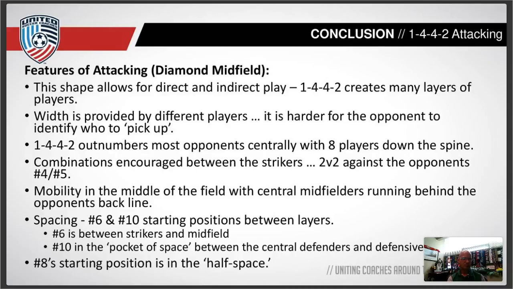So the formation becomes a system based on the configuration, in this case, critically, of that 4-player midfield. And so both on the attacking side and the defending side, I think it's really important that our coaches understand it's not enough just to say these numbers, it's to explain how they are configured based on the player personnel or based on the coach's preference. And I think that's come out really clearly so far in the presentation.